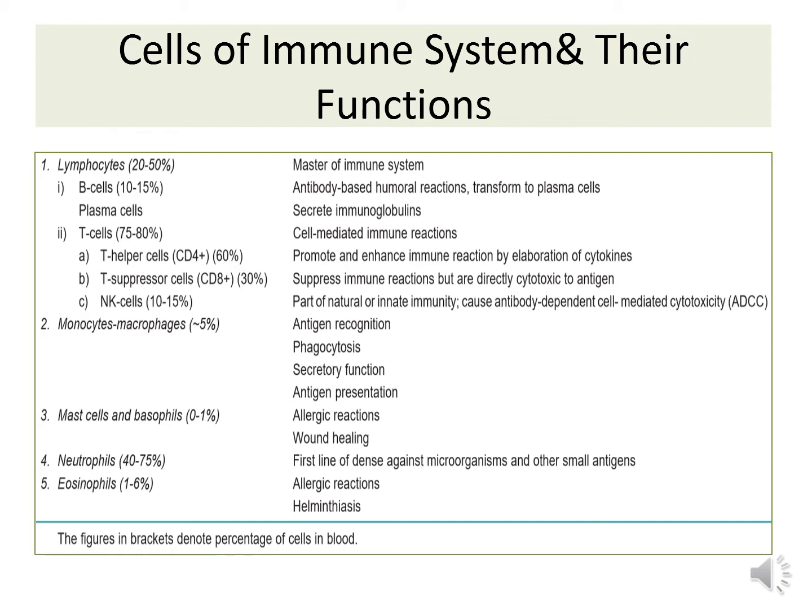They are masters of the immune system. B cells are 10-15% of cells in blood, responsible for antibody-based humoral reactions, and they transform to plasma cells. And plasma cells secrete immunoglobulins.